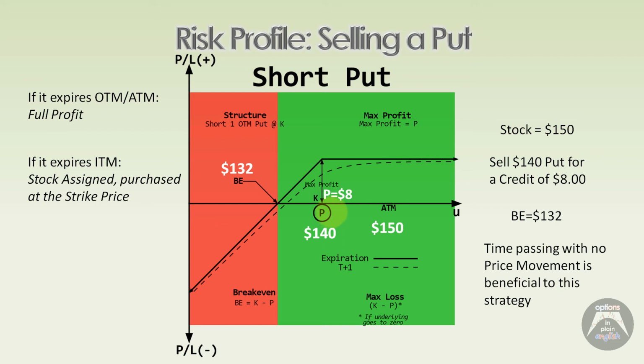But because you got $8, your real cost is going to be $132. And if you're put the stock at 120, you have a loss of $12 between 132 and 120. And of course, $12 multiplied by 100 shares per contract is going to be $1,200.